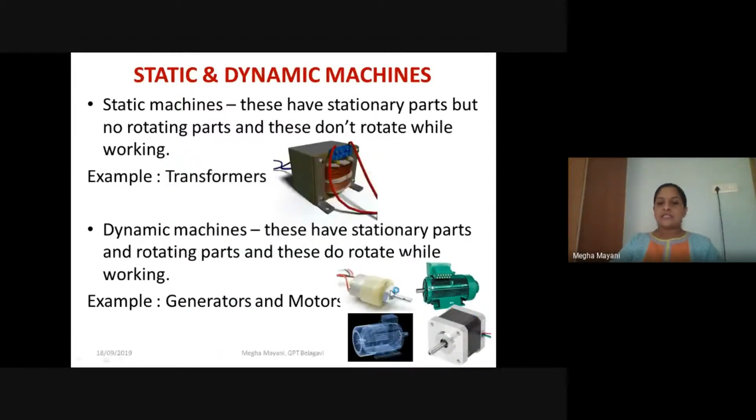As you can see in some images, this is a DC motor, you have an AC motor, a stepper motor, and induction motors. These are all examples of dynamic machines where they have some rotating parts within themselves. They rotate or make movements while working, hence the name dynamic machines.